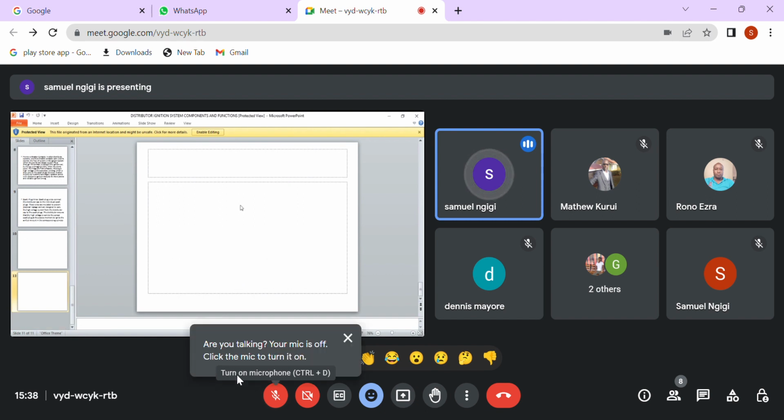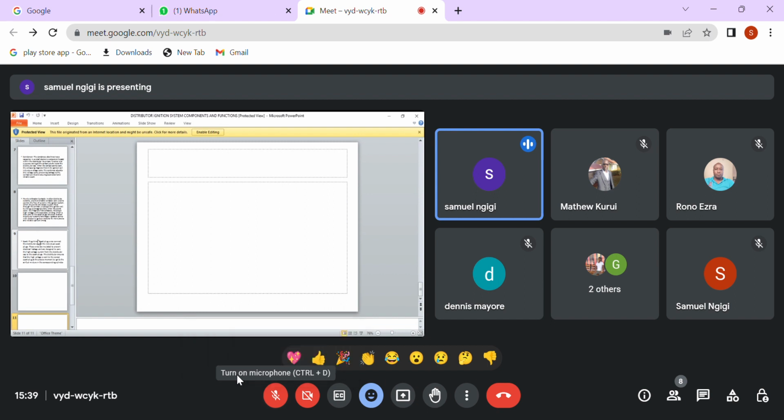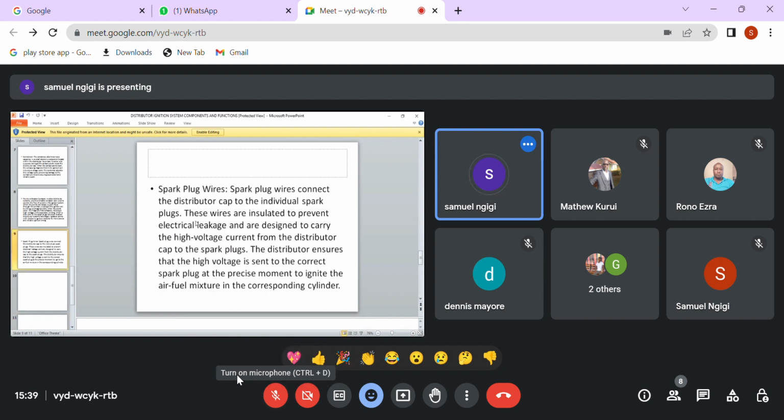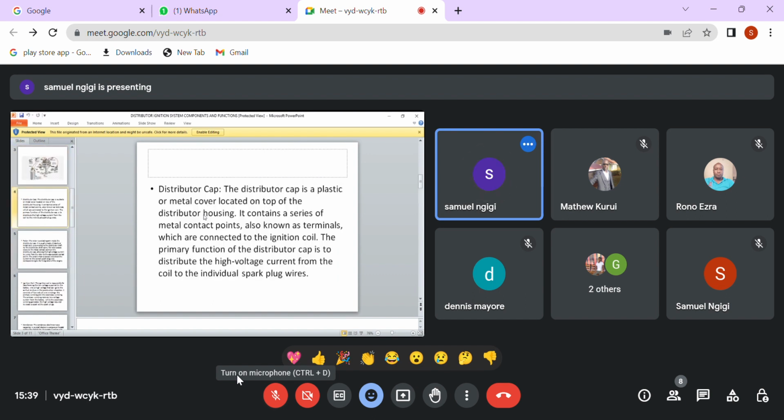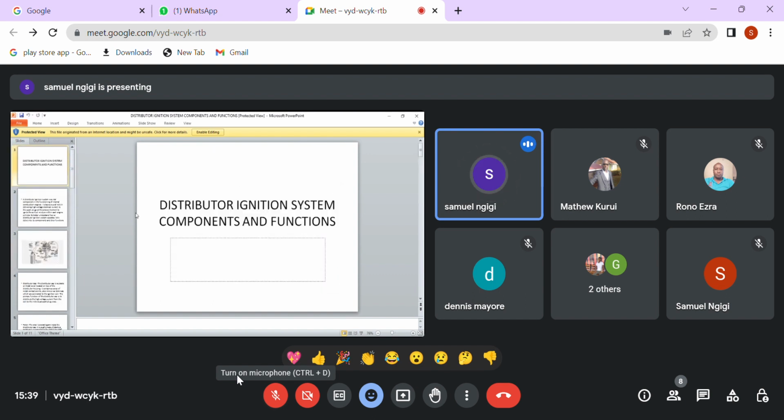We go to our next slide. So basically, what our class has entailed today, we have tried to describe what an ignition coil is as well as its operation.